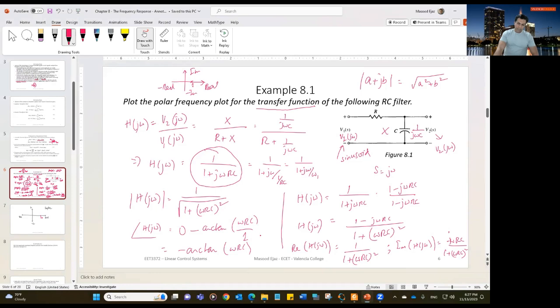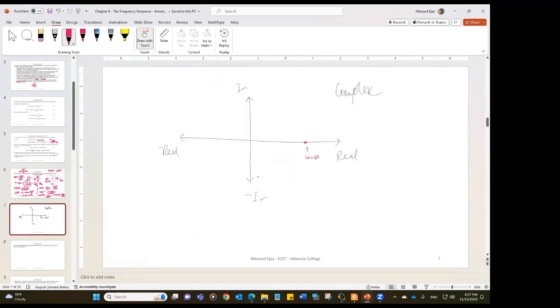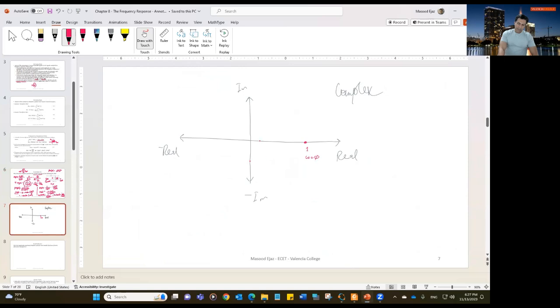Arctan of a very large number is going to give you 90. You have a negative sign over here. That means negative 90. So at negative 90, you have the magnitude 0, omega tends to infinity.